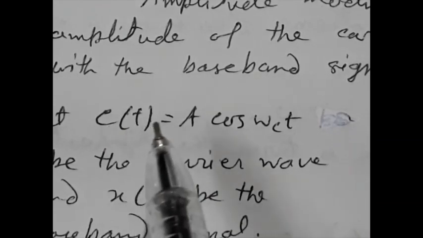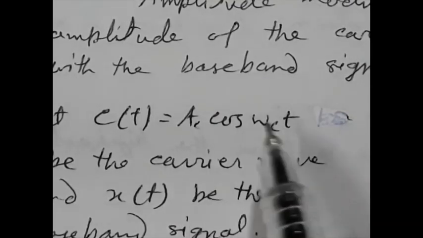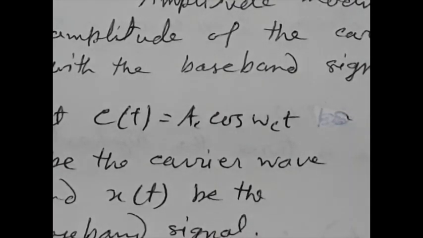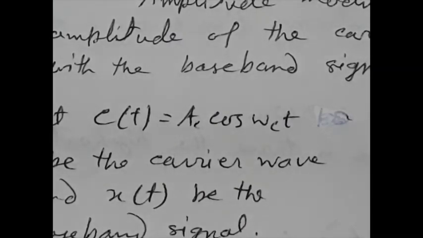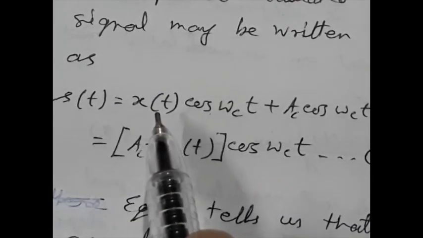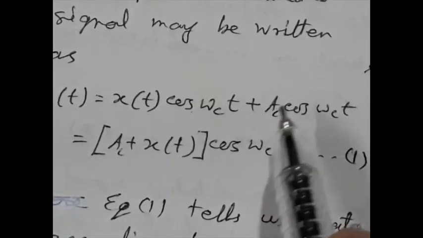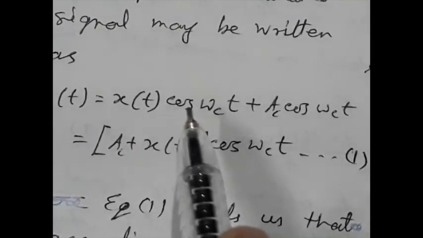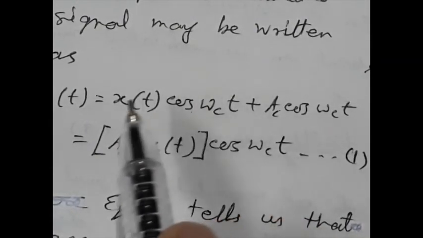Assume that c(t) is Ac cos(ωc t), x(t) is the baseband signal, and c(t) is the carrier. Then the amplitude modulated signal can be written as s(t) = Ac cos(ωc t), the original carrier, plus x(t) cos(ωc t), this is the variable part.